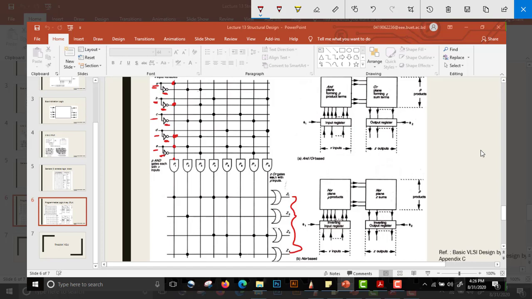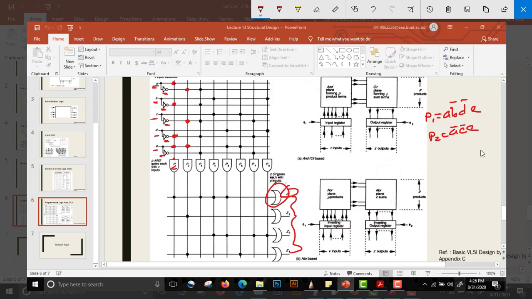So this is A, this is B bar, this is D bar, this is E. So our P1 is equal to A, B bar, D bar, E. Similarly, if you look, P2 would be A bar, C bar, E. So P2 is equal to A bar, C bar, E. Similarly, these AND logic functions are performed, and several AND logic functions are then passed through OR logic functions.